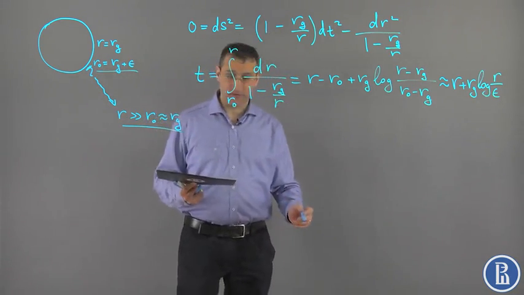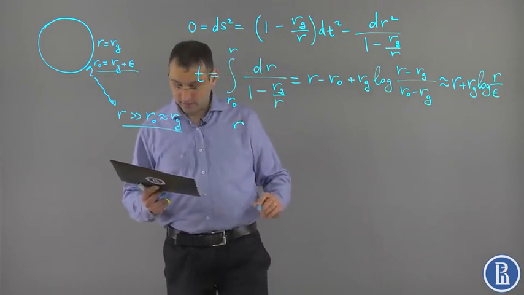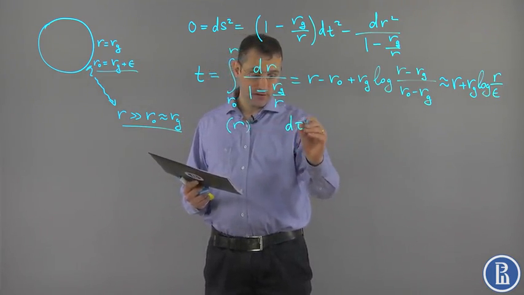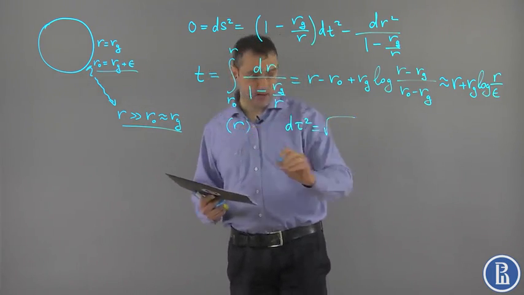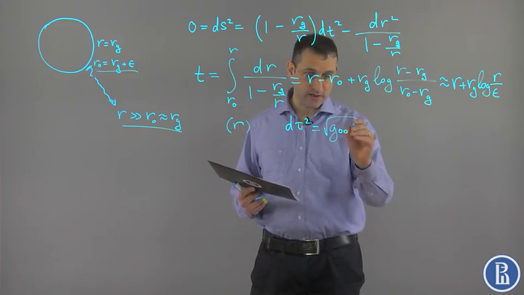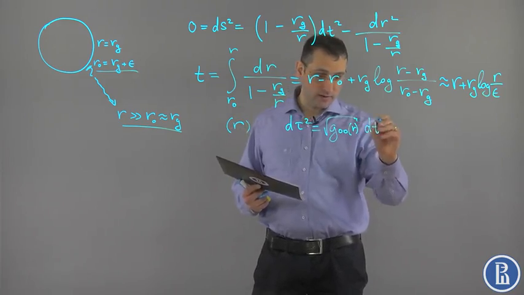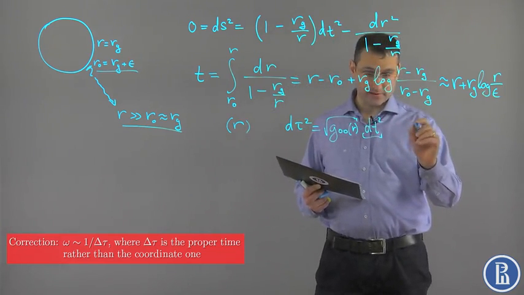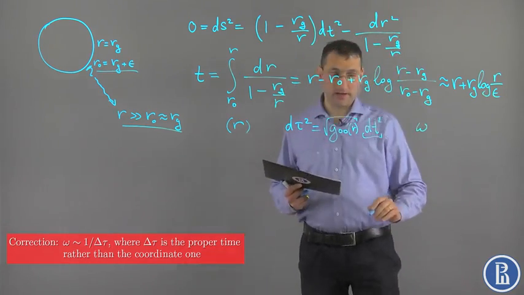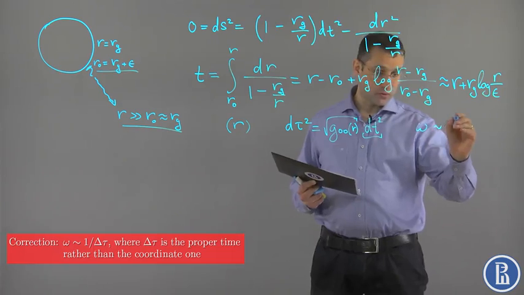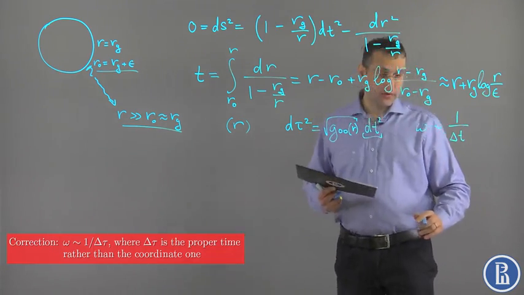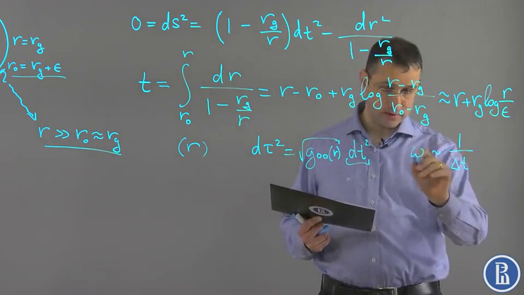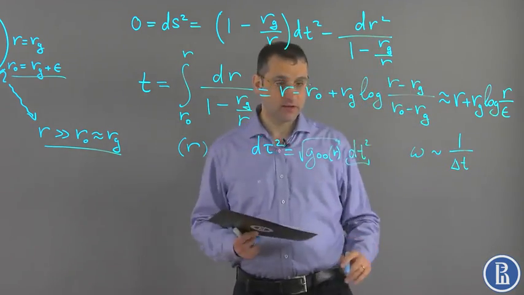How it is decreasing can be seen from the fact that, if one stays stationary at radius r, the relation between proper time and coordinate time is as follows. But this time defines the frequency, because omega is proportional to 1 over delta t. So the frequency is just the clicking rate. If this is shorter, this is bigger, and the frequency is bigger.